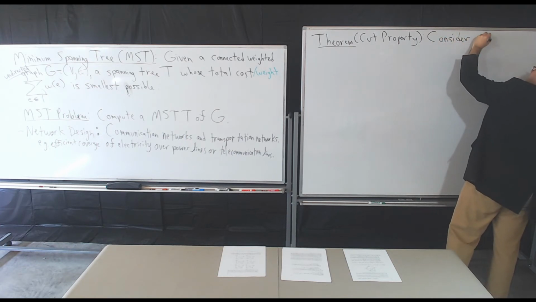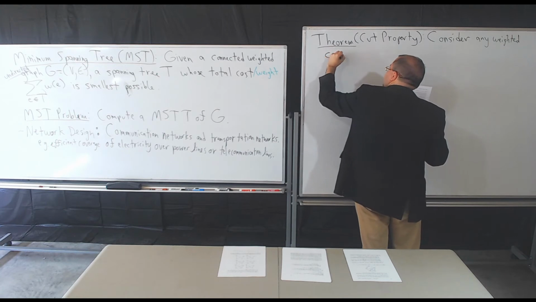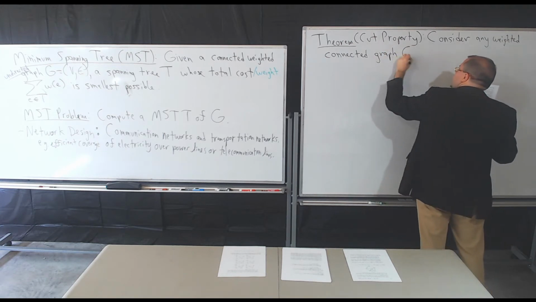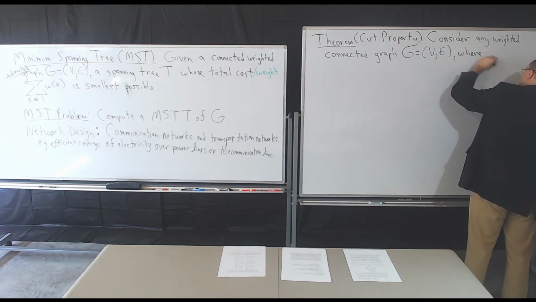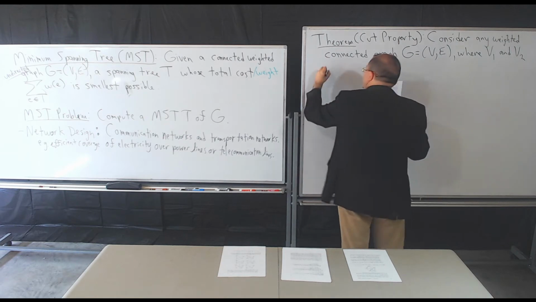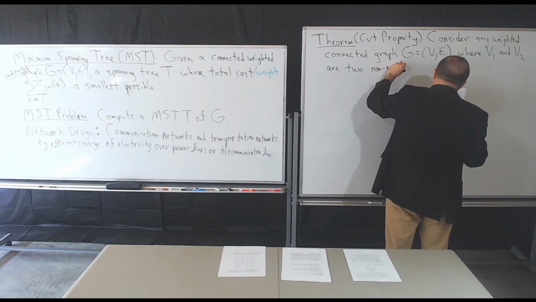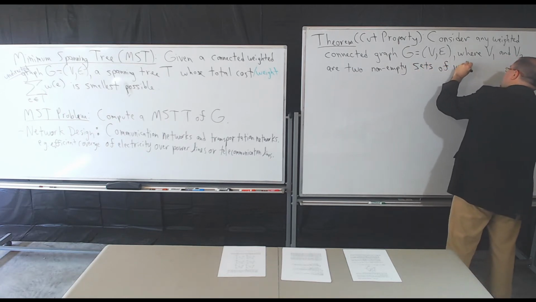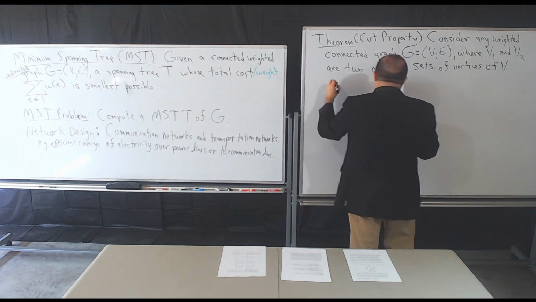So consider any weighted connected graph G equals (V, E), where V1 and V2, which I'm going to define in a moment, are two non-empty sets of vertices of V with no common vertices.